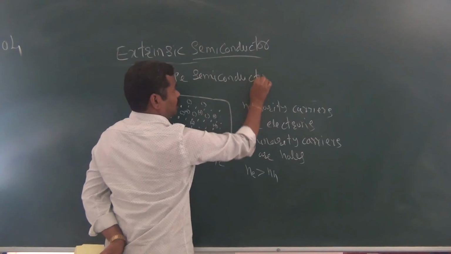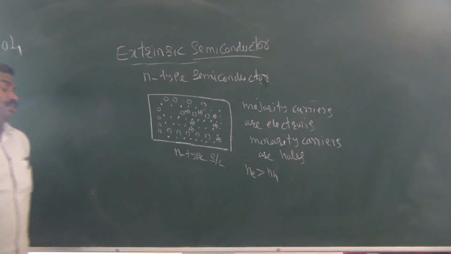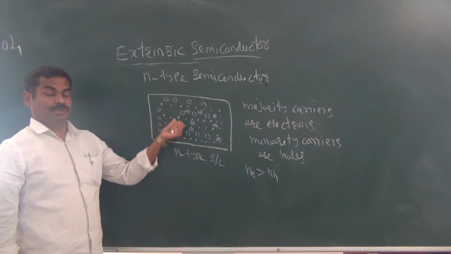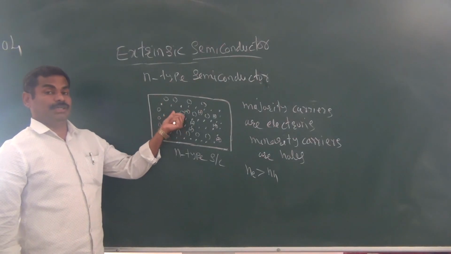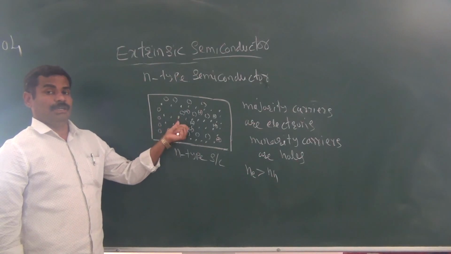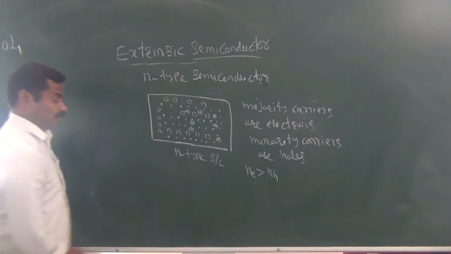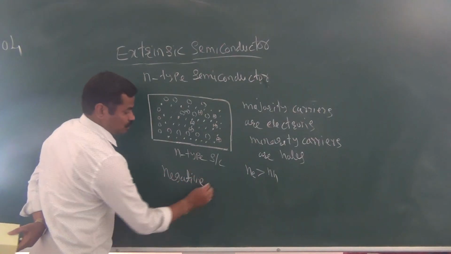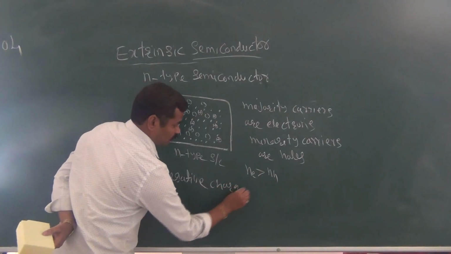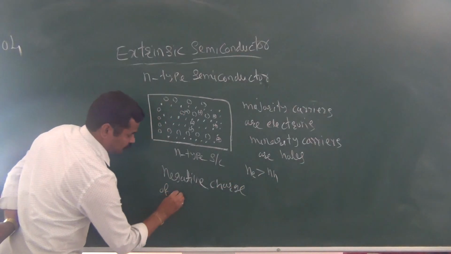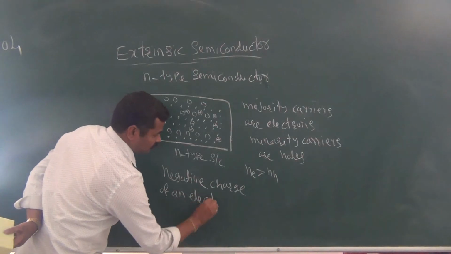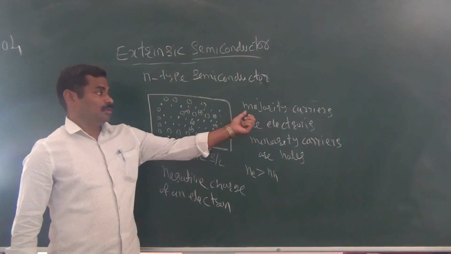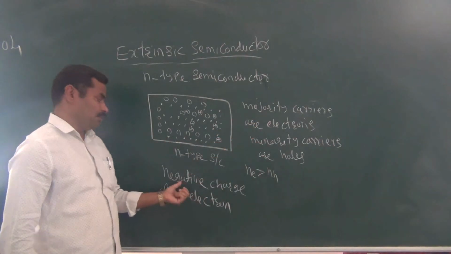Why only the name n-type? Because what I said here is that electrons are majority carriers in the n-type semiconductor, and the charge of an electron is negative. Why is it called n-type? Because here the majority carriers are electrons and electrons have a negative charge.